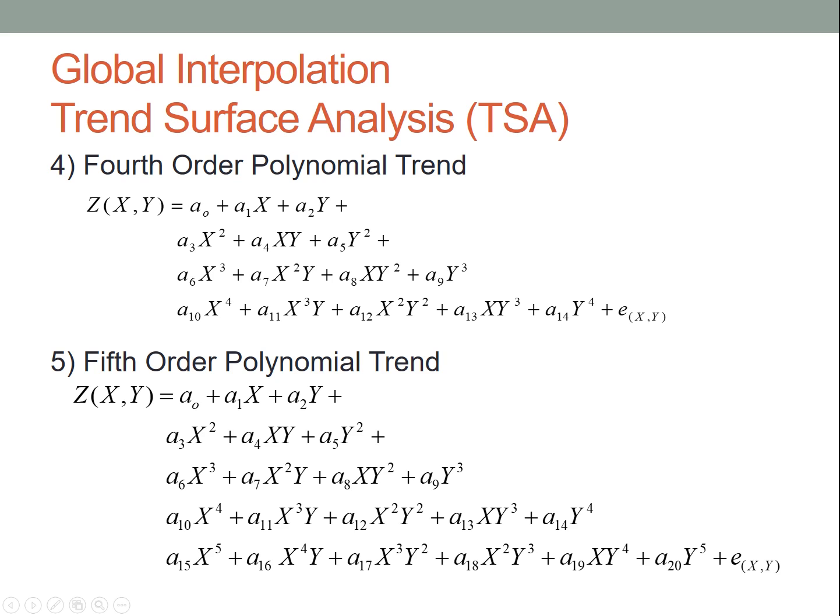And then we can get even more fun, right? There's fourth and fifth order polynomials. You need a lot of data. For example, with my fifth order, I need a minimum of 21 data points in order to even solve for this. And in saying that, that gives me 0 redundancy.